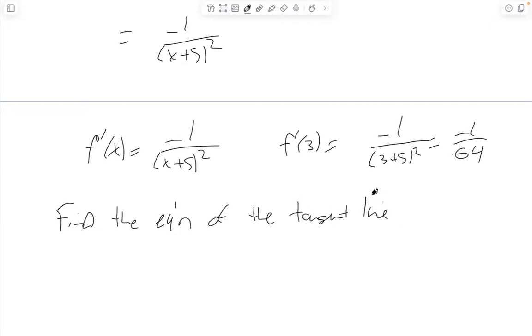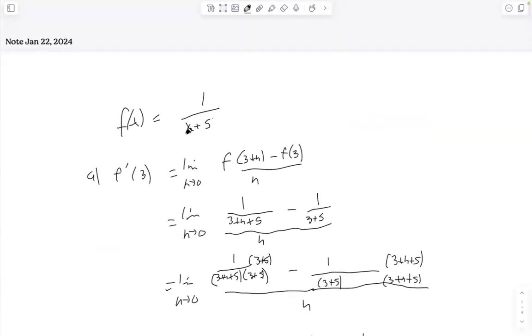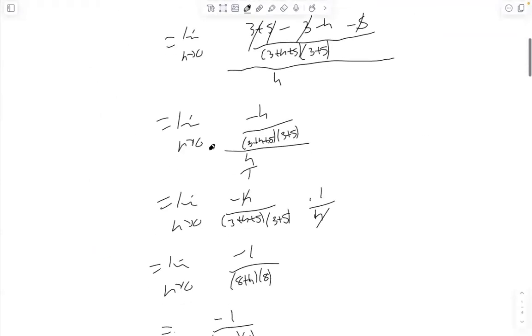I'm going to upload this document so you'll be able to look through this. At 3, 1/8, right? In the original, if I plug in 3, f of 3 is 1/8.